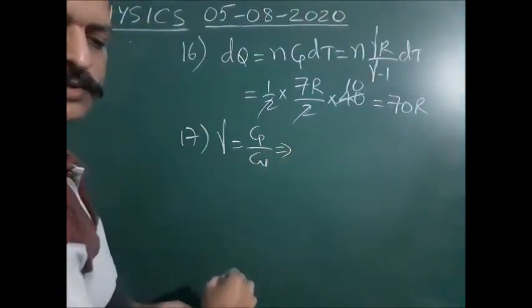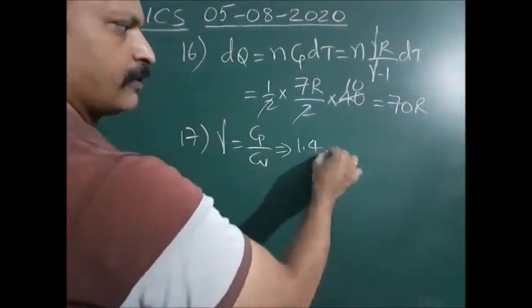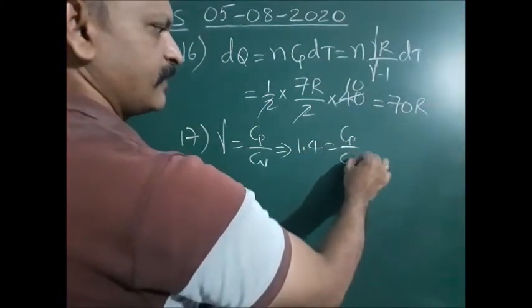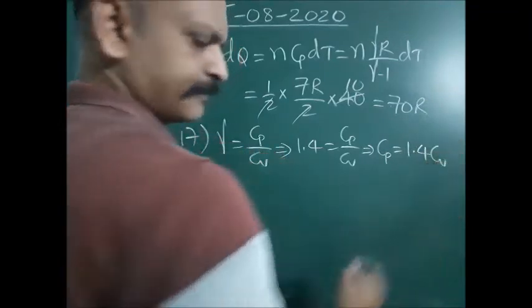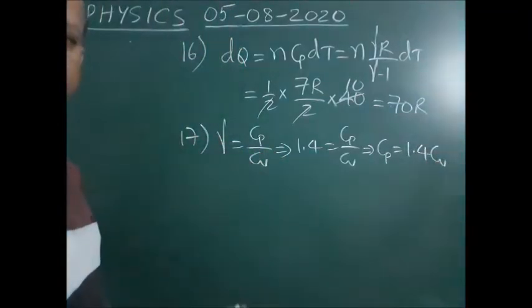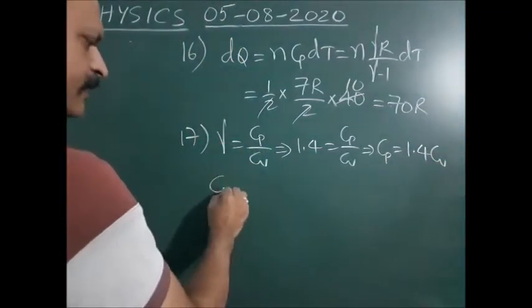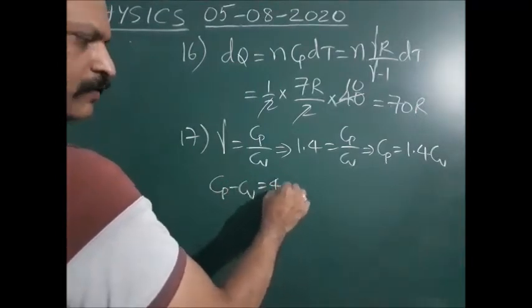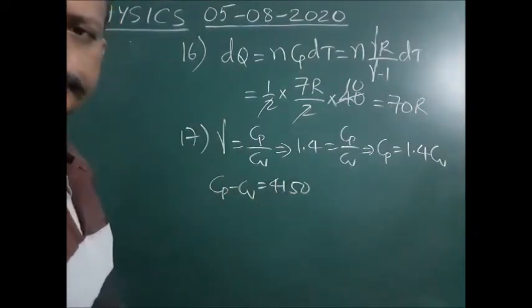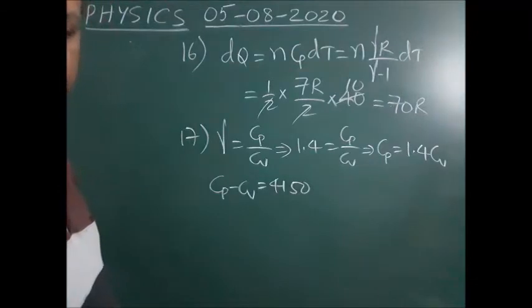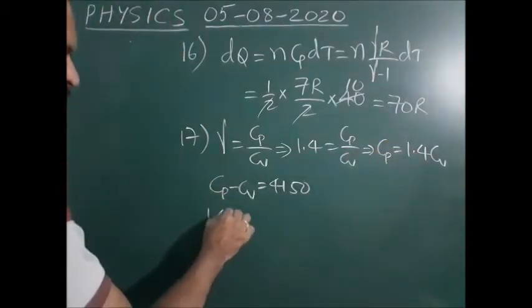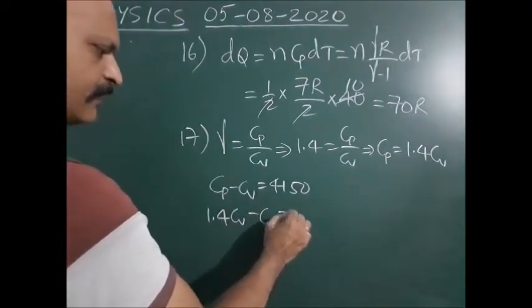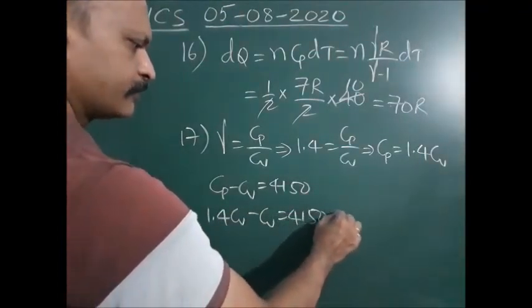The gamma in this question is given as 1.4, equal to Cp by Cv. Therefore Cp equals 1.4 Cv. Moreover, Cp minus Cv is given as 4150 in the question. Now we can substitute Cp: 1.4 Cv minus Cv equals 4150.